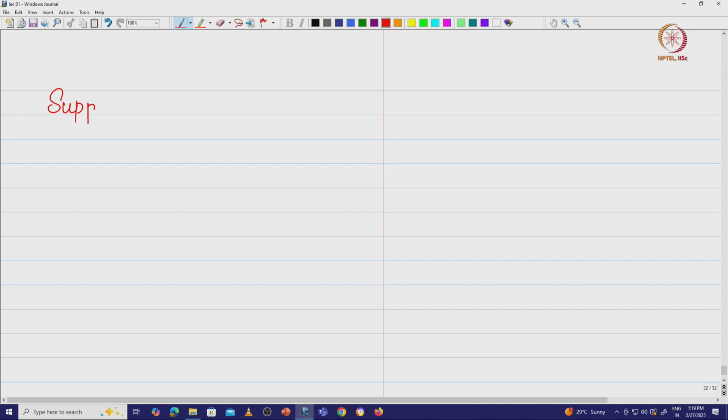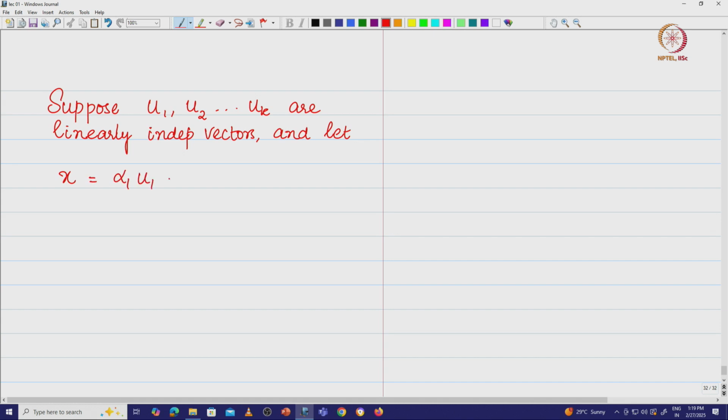Suppose u1, u2, ..., uk are linearly independent vectors, and let x be equal to alpha 1 u1 plus etcetera plus alpha k uk. That means you are writing x as a linear combination of the vectors u1 to uk.